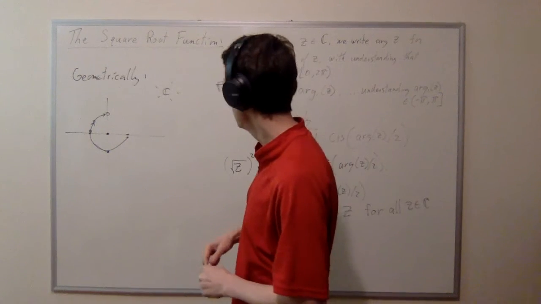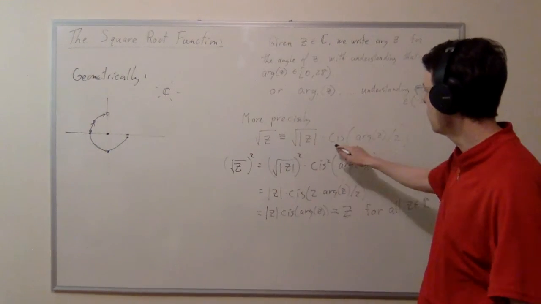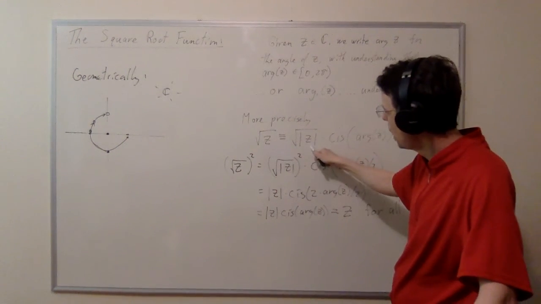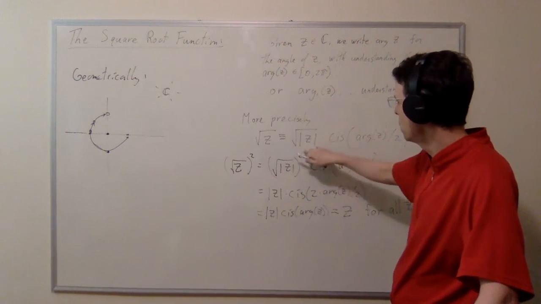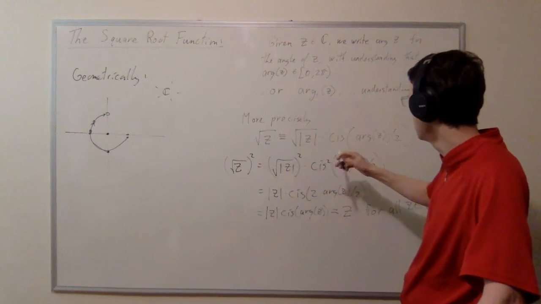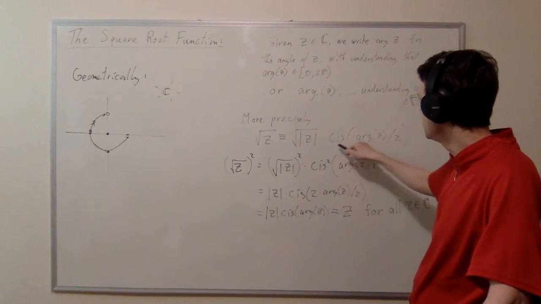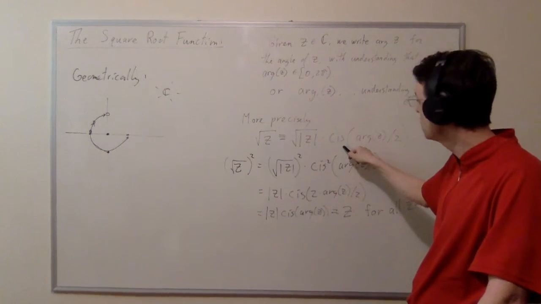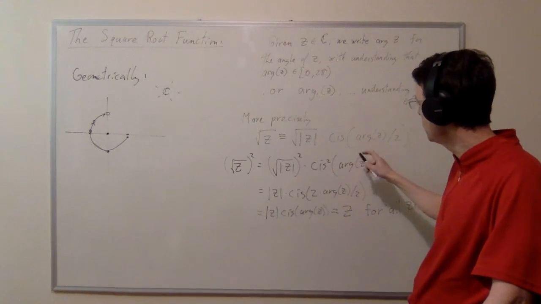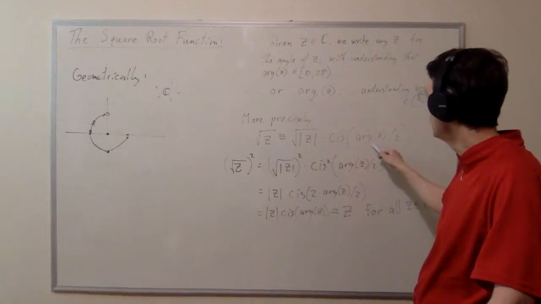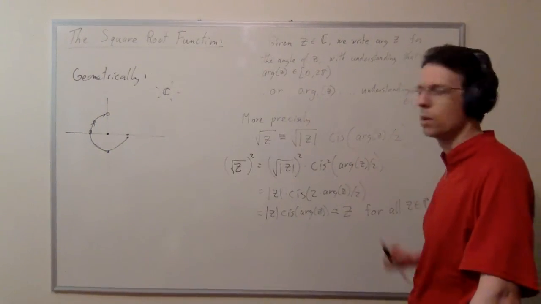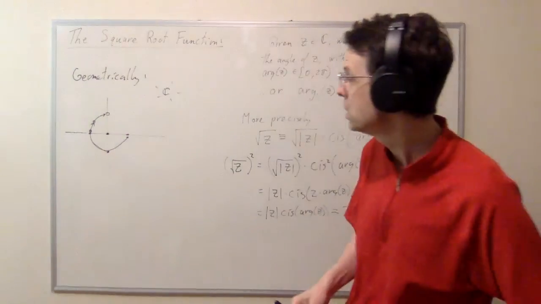It is continuous, well, if we look at this formula, the modulus function is continuous. The square root function is continuous where defined here on the positive reals. The cis function is a continuous function of its real argument. And so the only source of discontinuity for the square root is the discontinuity in the argument function. But the argument function is not continuous, right?